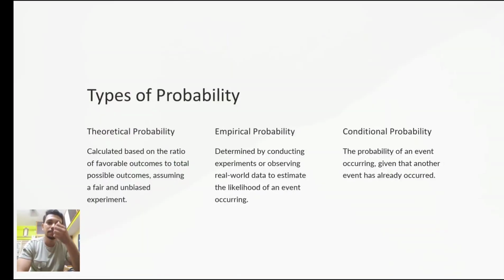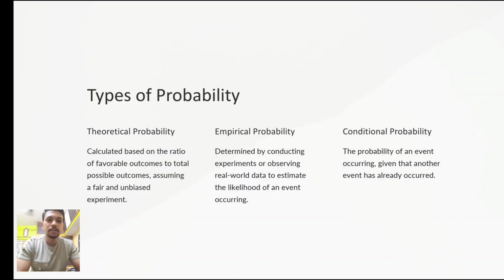And the next one is types of probabilities. Theoretical probability, calculated based on the ratio of favorable outcomes to total possible outcomes, assuming a fair and unbiased experiment.